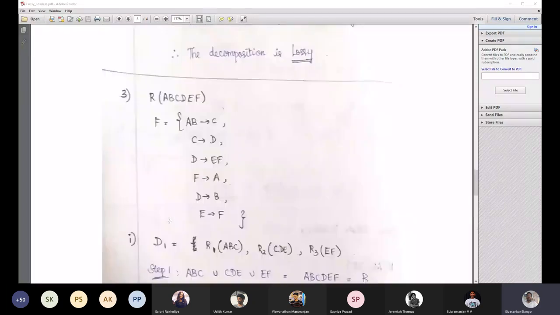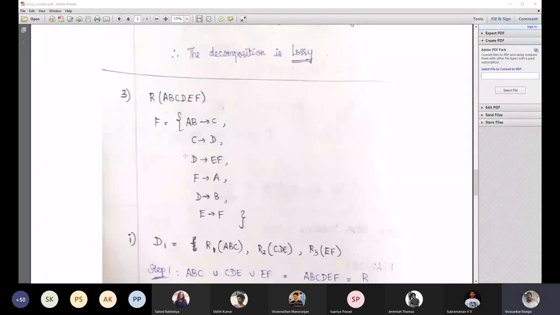Only thing you need to check is whether the dependency is preserved in the decomposition or not. So again, A, B determines C is proved, C determines D is proved, D determines E, F. So here you need to prove whether the functional dependency D determines E, F is valid, and F determines A is valid, and D determines B is valid.